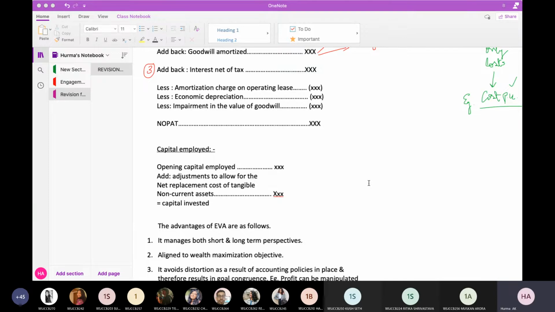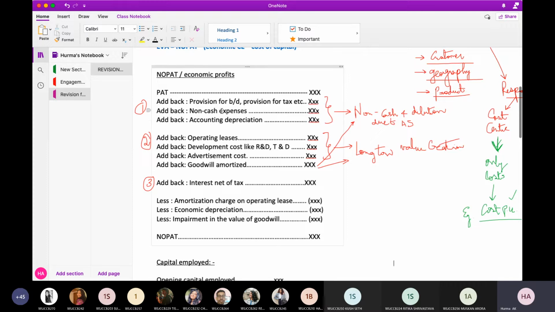Operational, management, and strategic level, if I'm not wrong. So I think in your management level, this is the only adjustment that they have given under capital employed. They just simply have told that you begin with the opening capital employed and you make adjustments for the net replacement cost of the tangible non-current assets, and that's it. But ideally, there are many adjustments.